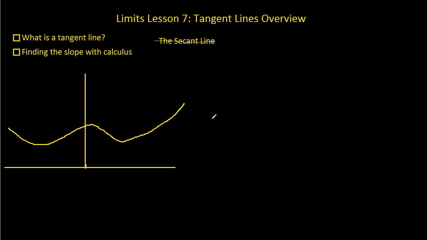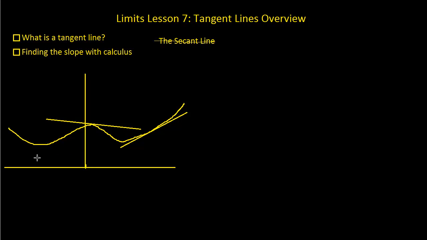And let's say that if we take a line and draw it through this curve, boom, there's an example of a tangent line, because it's touching the curve at only 1 point. And then we could have another one like this, coming right up against the curve at 1 point.